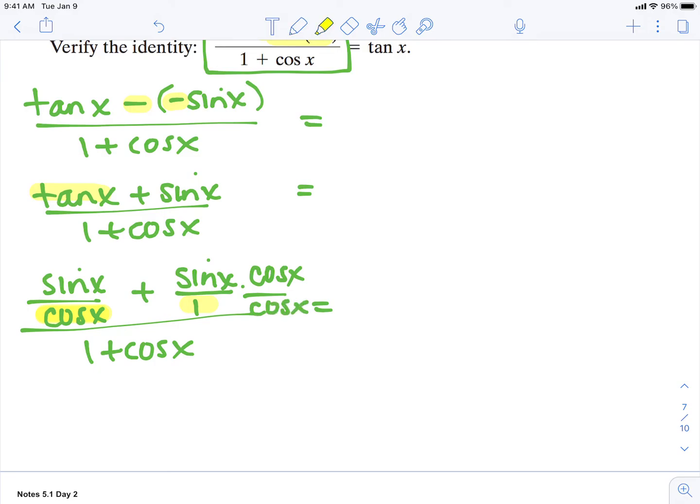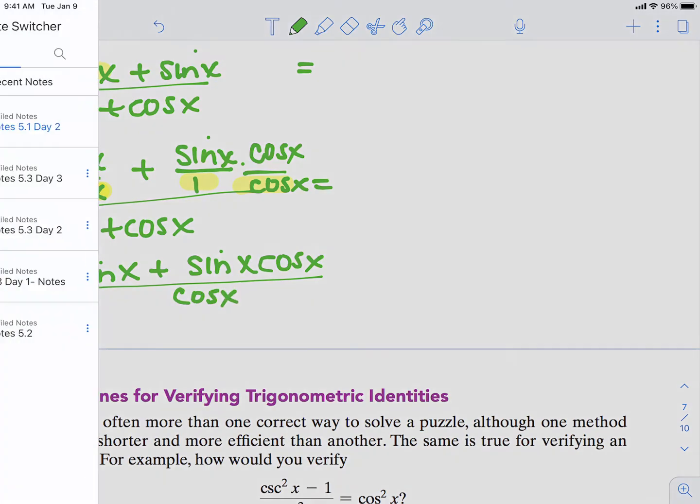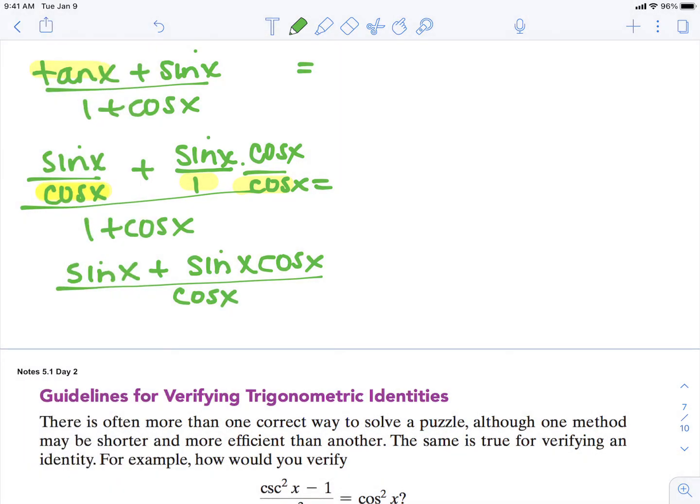Now the two fractions are alike, so we can combine them together into one fraction. So I have the sine of x plus the sine of x, cosine of x, over the cosine of x, and then it's all over 1 plus the cosine of x.